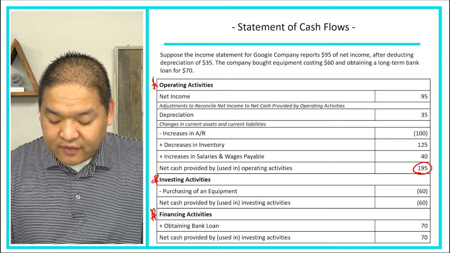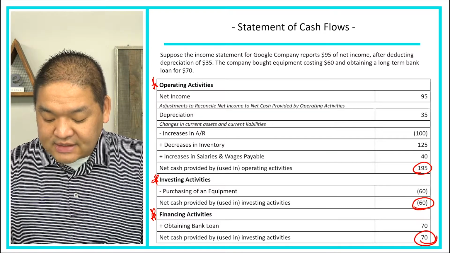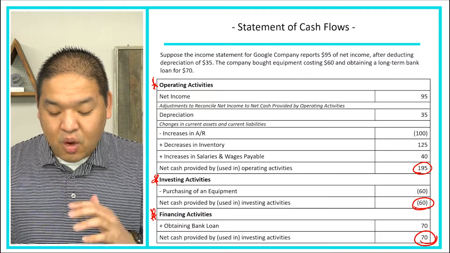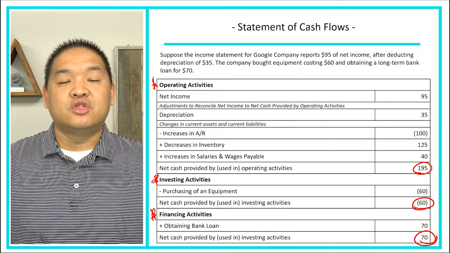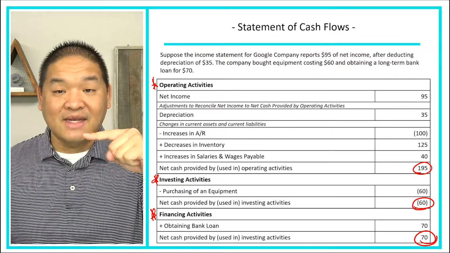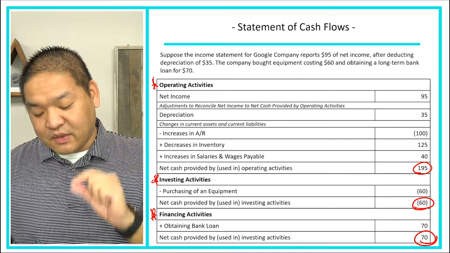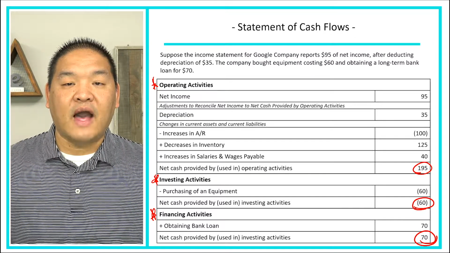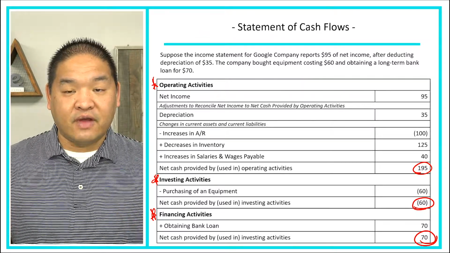We have a plus 195, we have a minus 60, and a plus 70. That would give us 205. So the net cash change is a positive 205. Why positive? Because we have a positive 195, we have a minus 60, and a positive 70. So 195 minus 60 plus 70 gets us 205. So net cash change this year is $205.